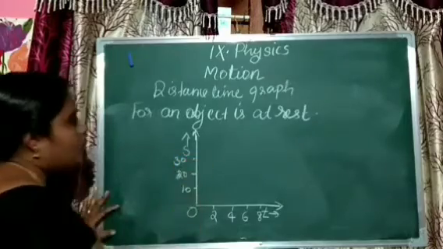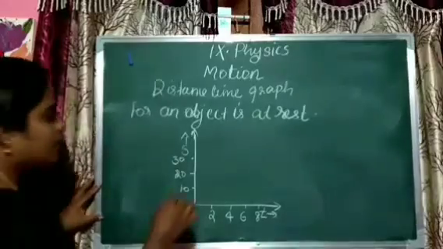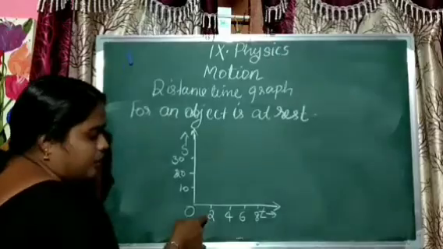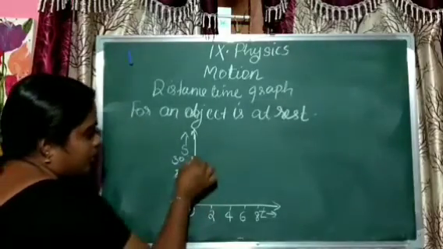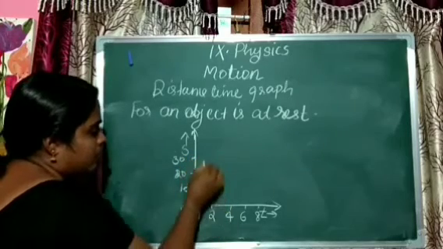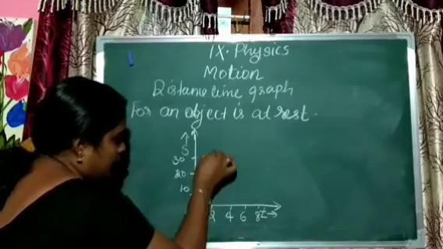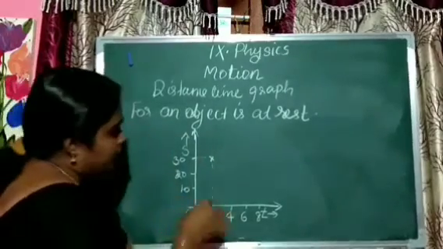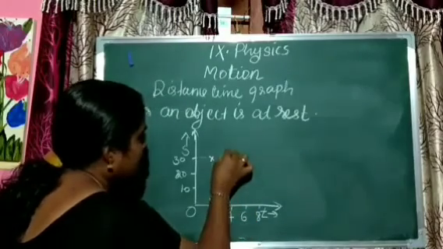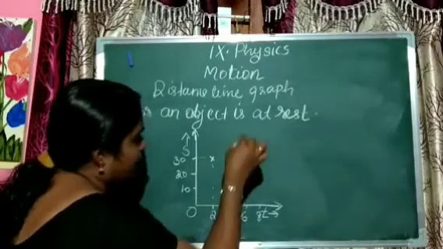Now we are going to plot a graph for an object at rest. After 2 seconds, where is the object? The object is at 30 meters. Again, after 4 seconds, where is the object? The same 30. After 6 seconds, where is it? The same 30.